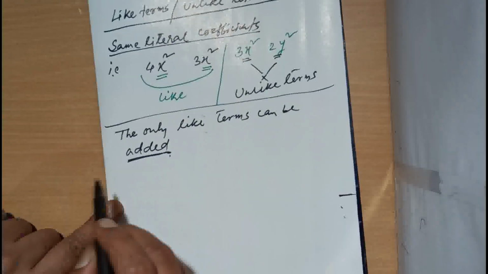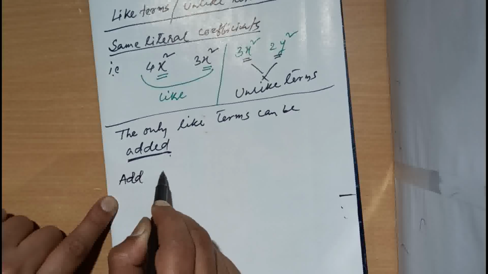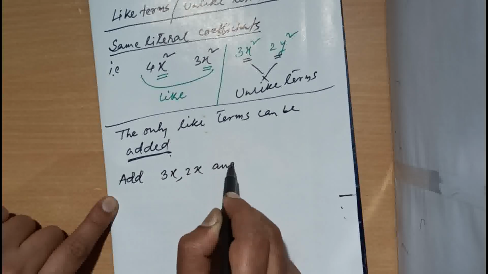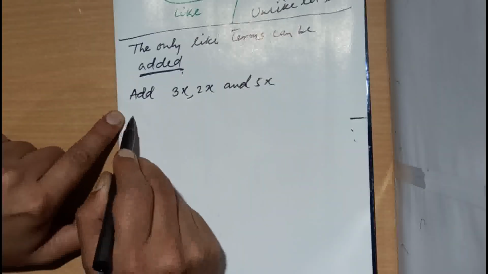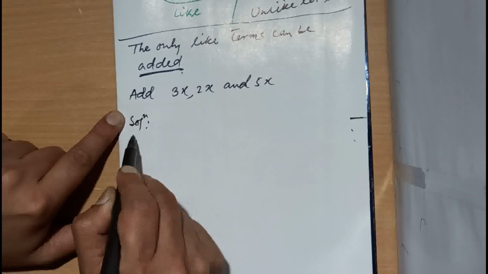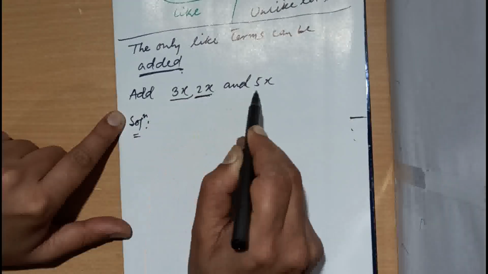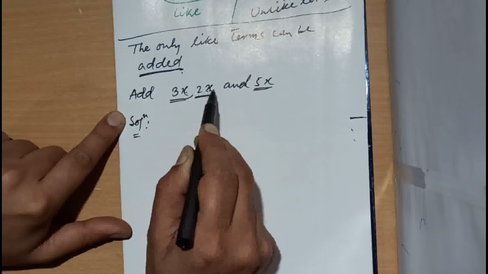Say for example, let us take a question. Add 3x, 2x and 5x. Now how do you add this? The solution is very simple. First you check whether the terms are like or not. They are all like, because the literal coefficient is the same: x, x, x.